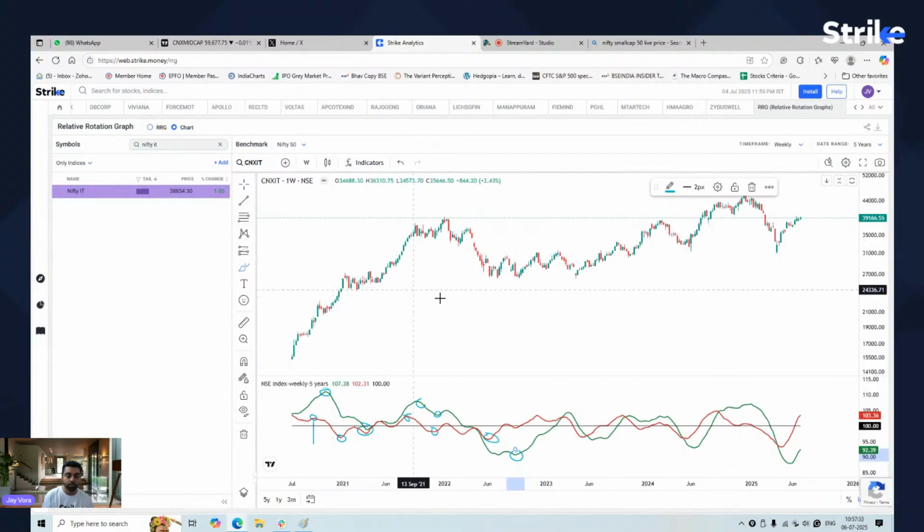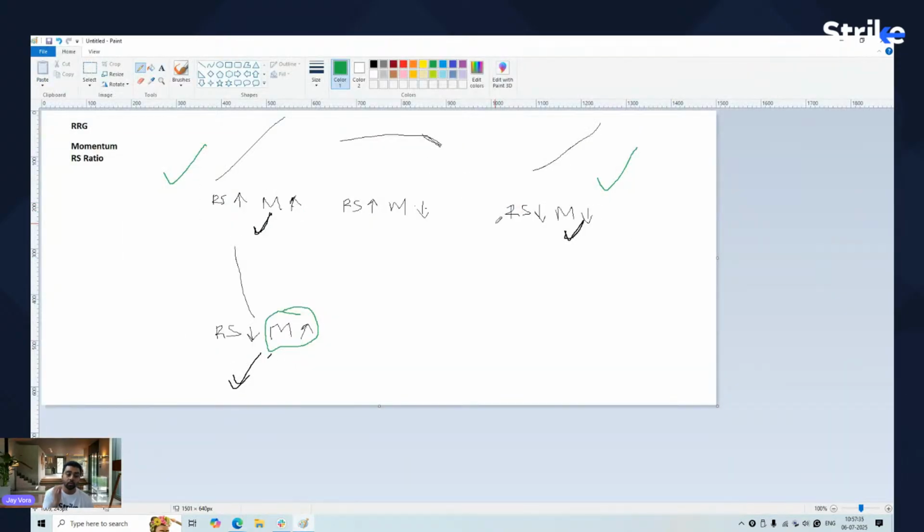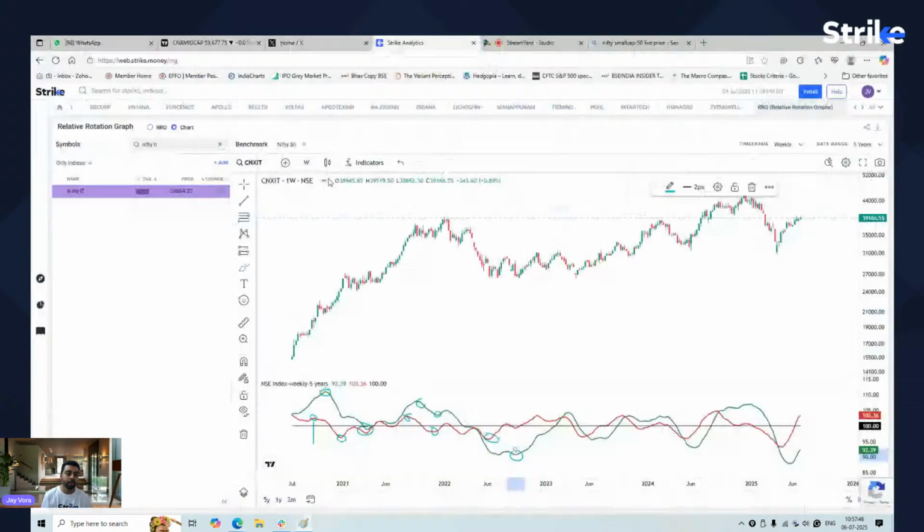Based on these kind of setups, what you then need to do is get those stocks in your watch list, and then look out for the setups which make you comfortable while trading, right? But RRG can be more of a screening tool that can help you to quickly understand where you need to focus more.